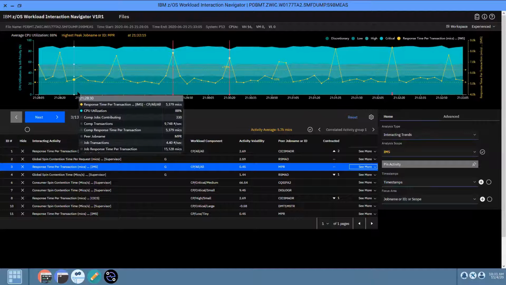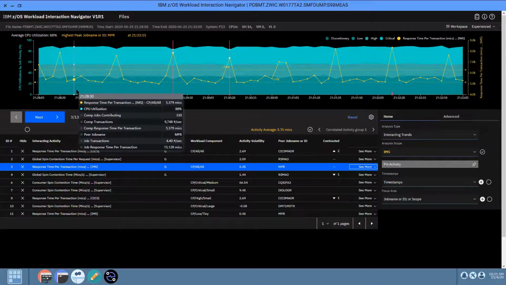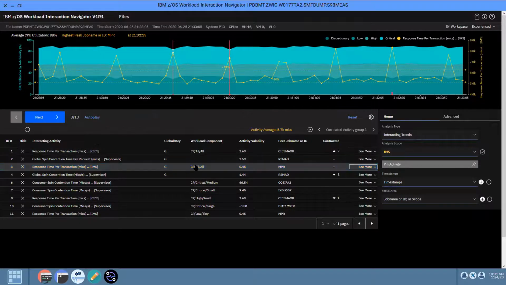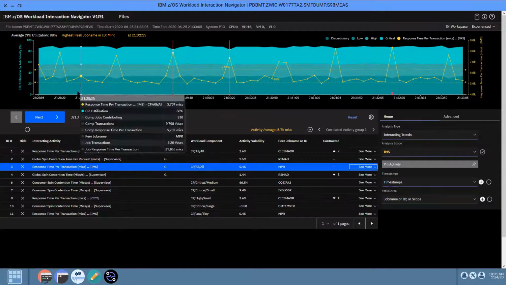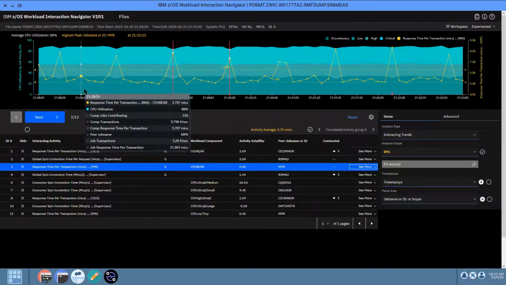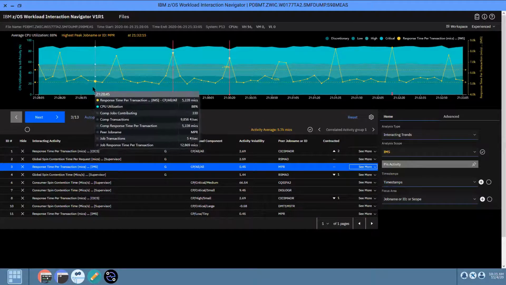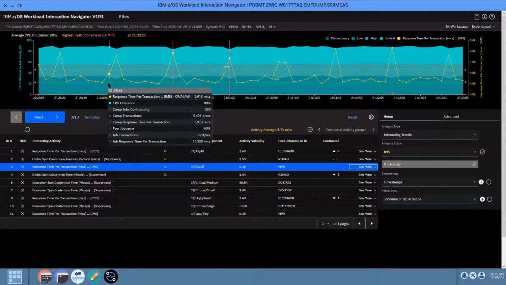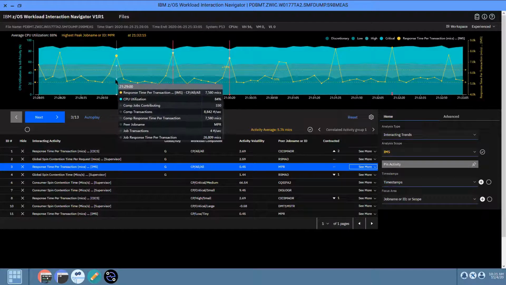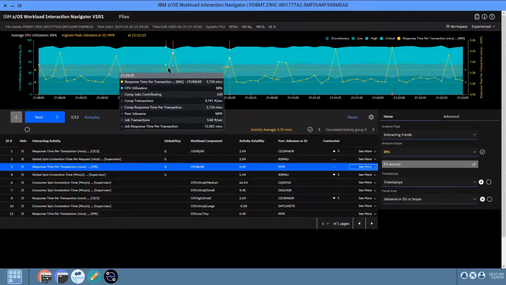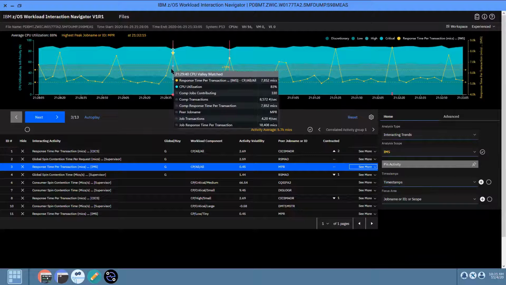If you hover over the graph, we can get more information about it. We can see that we're looking at CPU all workload component for IMS again, and IMS has a response time of around 5 milliseconds normally, but at each one of these CPU values, it's close to doubling. It gets up to about 8 milliseconds.